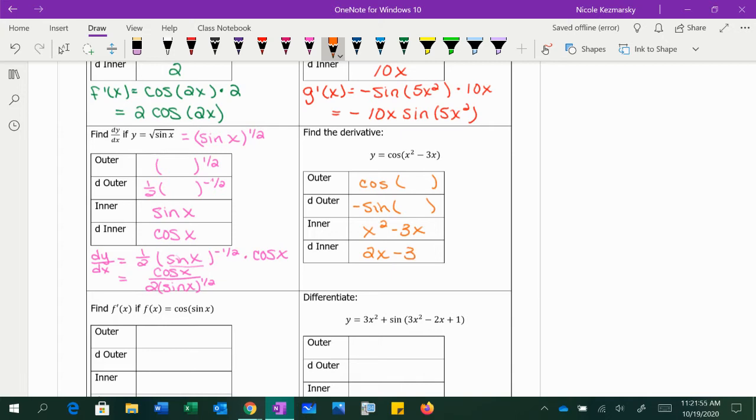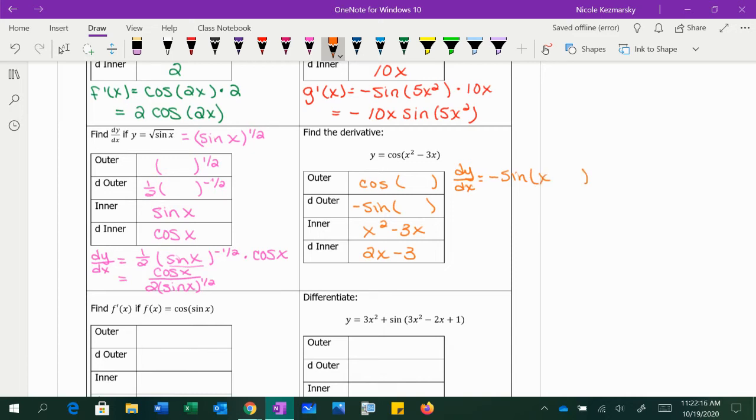Let me write this one over here because I didn't leave myself a whole lot of room. So we're finding the derivative, so I'm going to say dy dx. And we could say y prime here because it didn't specify, but we'll go ahead and say dy dx just to get some practice. And we're going to do negative sine of parentheses.